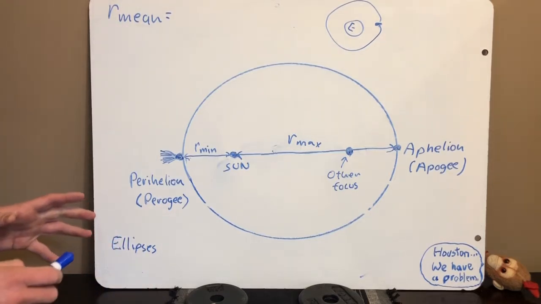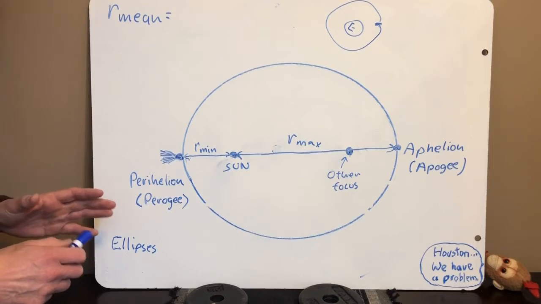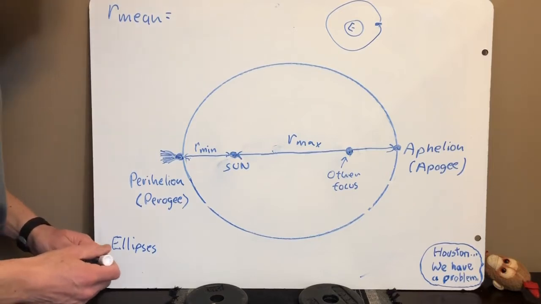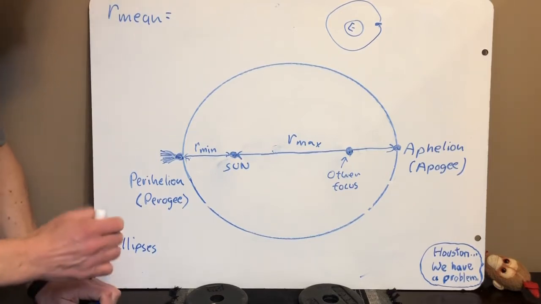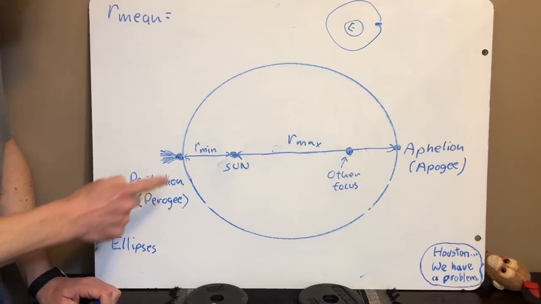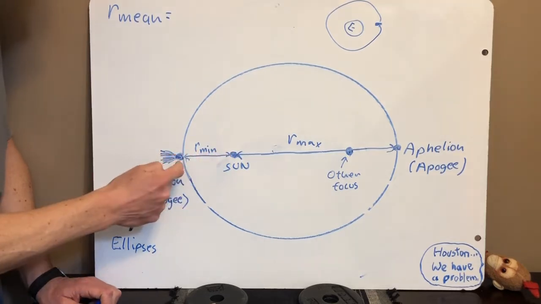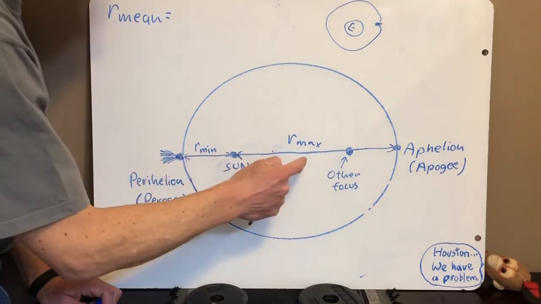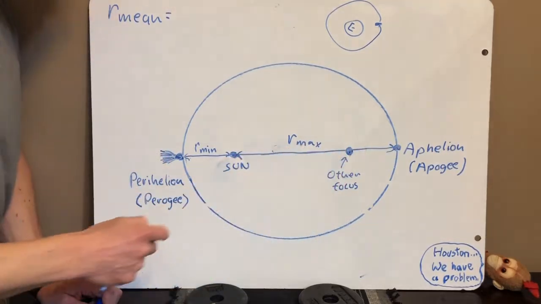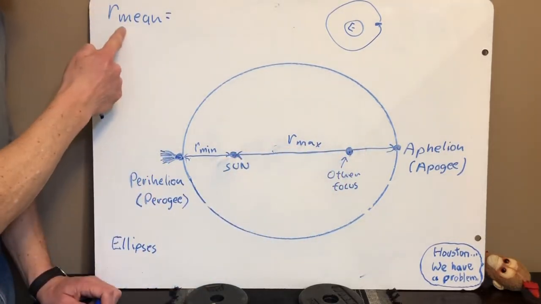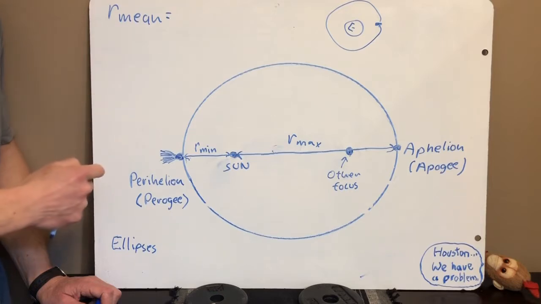Now, if you look up, let's say, the Earth's distance from the sun, what you're going to see isn't the minimum separation. You're not going to see the maximum separation. What you're going to see is the mean, or the average separation.